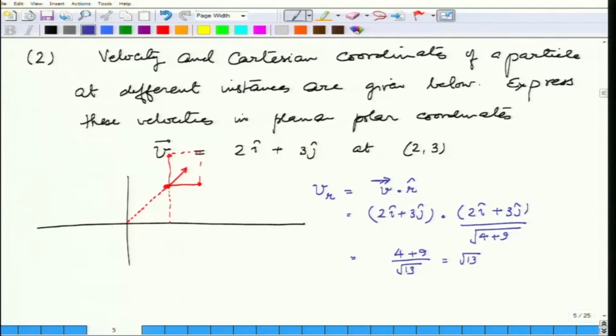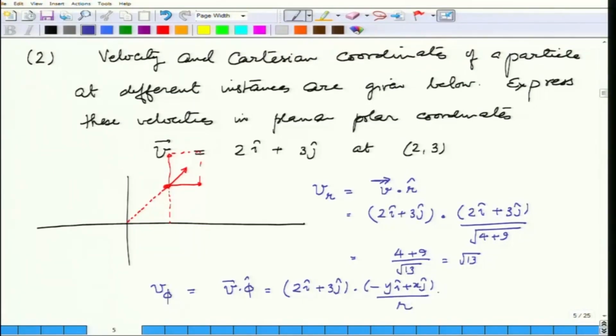How about V phi, the tangential component of the velocity? The tangential component is going to be V dot phi unit vector, which is 2i plus 3j dotted with the phi unit vector, which is minus y i plus x j divided by r.